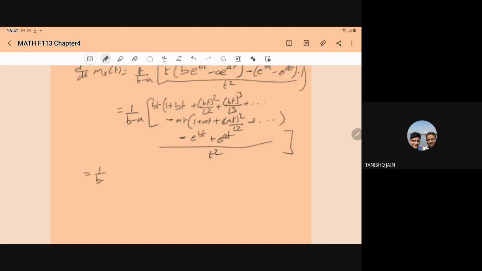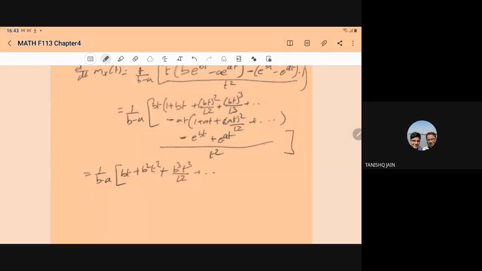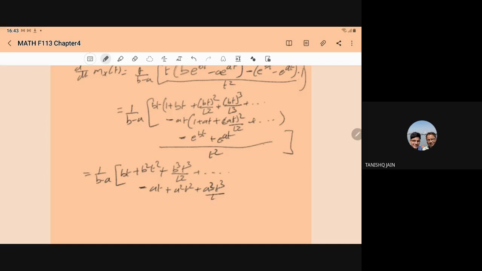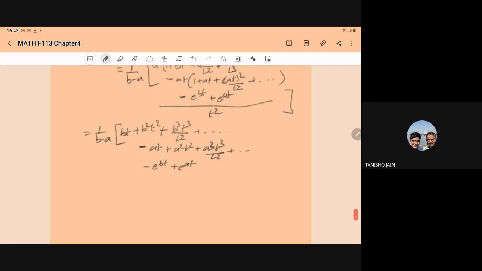So 1 upon b minus a, and here we have bt plus b square t square plus b cube t cube upon factorial 2 and so on, minus at plus a square t square plus a cube t cube upon factorial 2 and so on. Then after, minus e to power bt plus e to power at, and the whole upon t square. So this we can cancel.